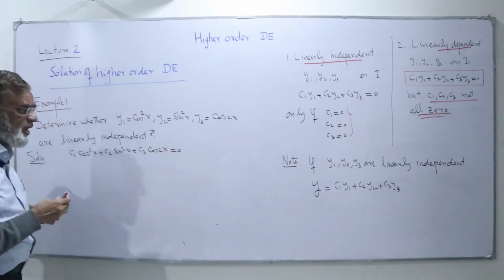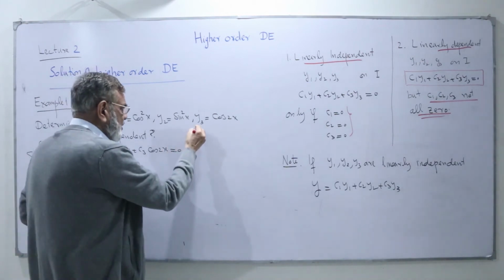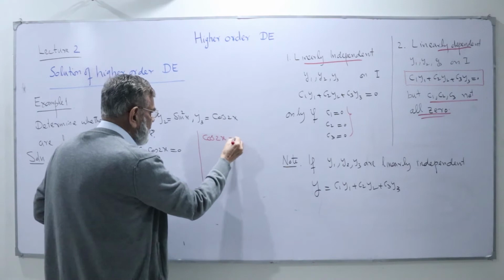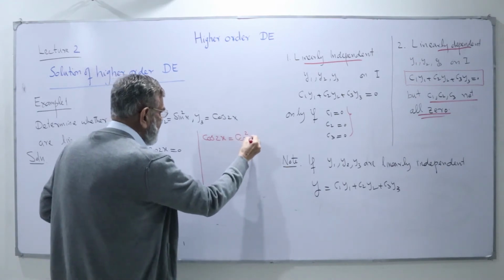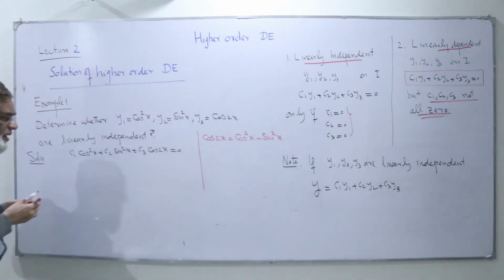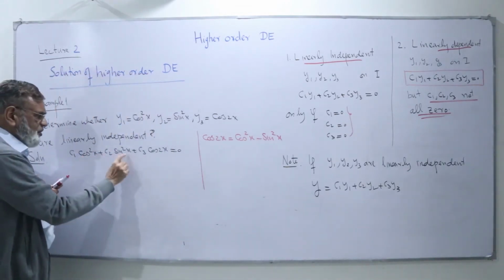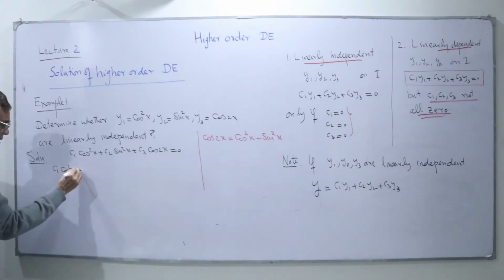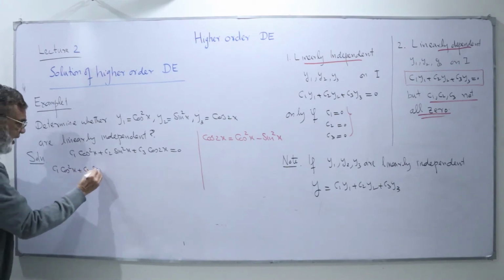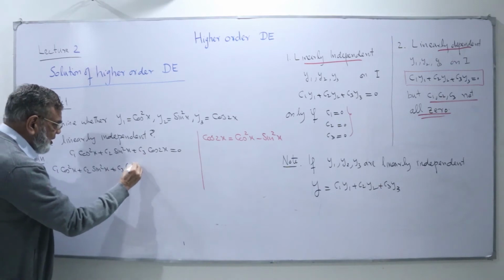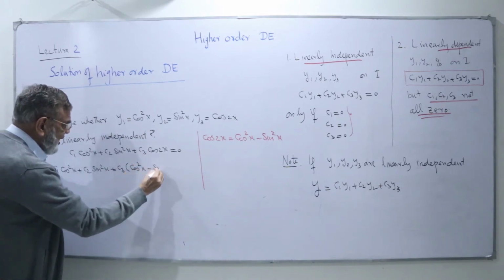Here you must know the formulas for the trigonometric functions. We have cosine 2x is equal to cosine square x minus sine square x. We use this formula and replace cosine 2x. We change the function and get C1 cosine square x plus C2 sine square x plus C3 times cosine square x minus sine square x.